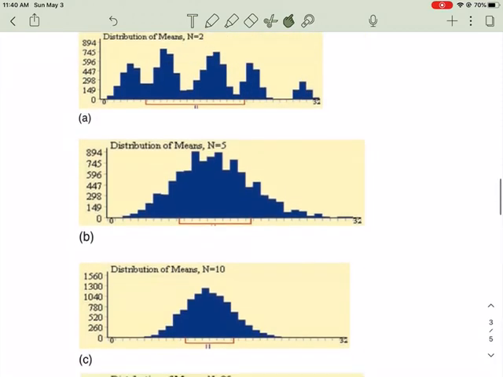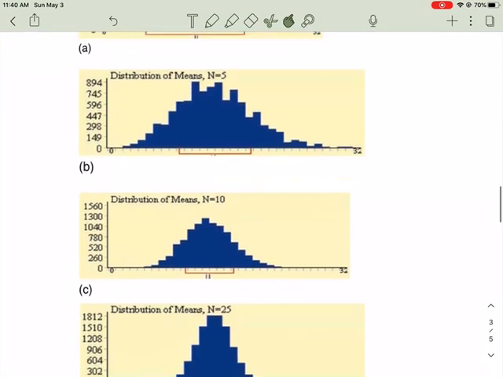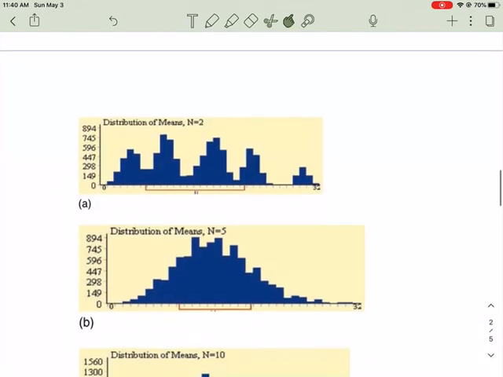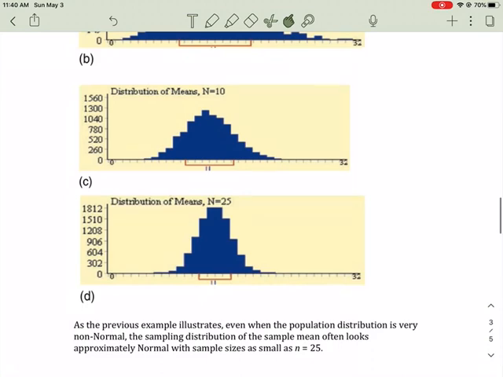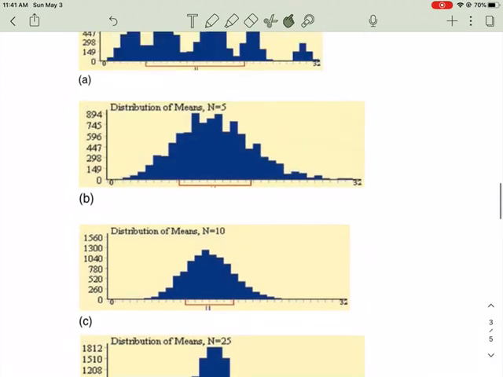What happened here? If you notice, as we increase our sample size, and I'm assuming we're doing like 10,000 or 100,000 samples, our distribution goes from this to normal. That's really, really important because that tells us a whole slew of things. It tells us that as you take larger and larger samples, our distribution goes from being anything to being normal.